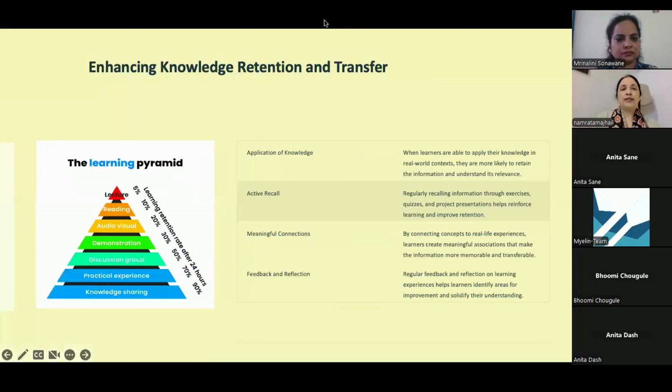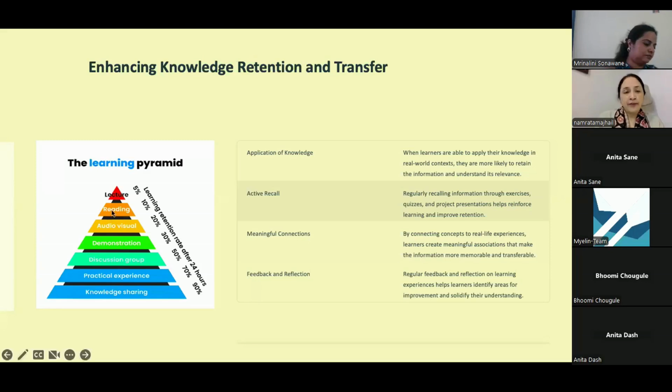So we know that this is the learning pyramid. When we say learning pyramid, it is very clear: when you just lecture, only 5% of children will understand. The learning retention rate speaks about all that we are talking about.